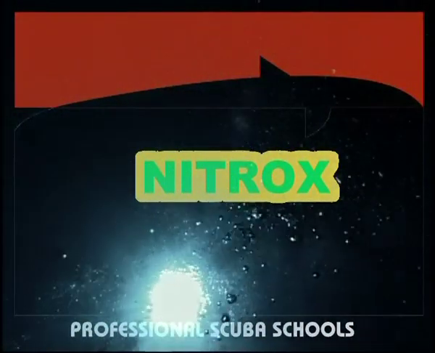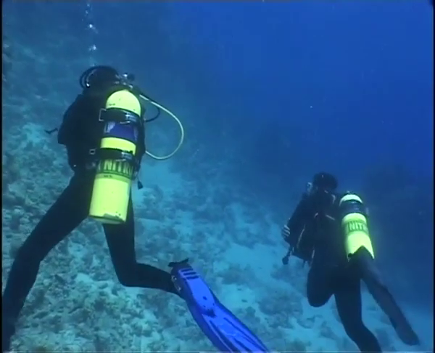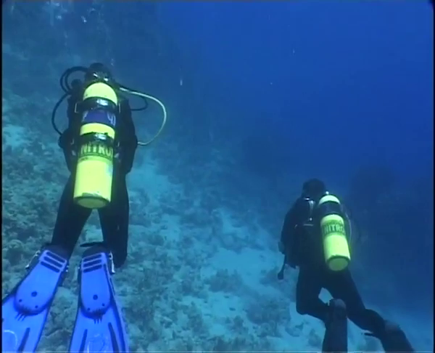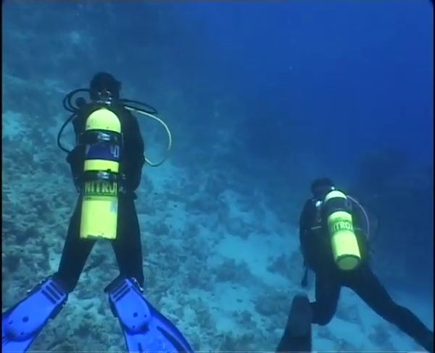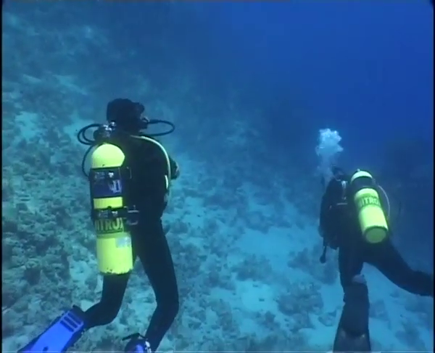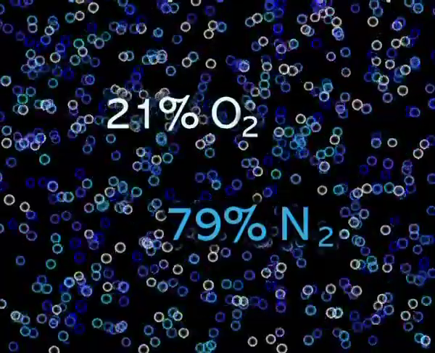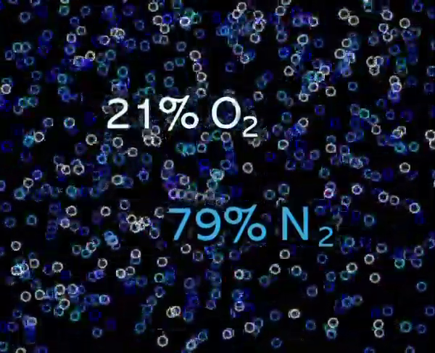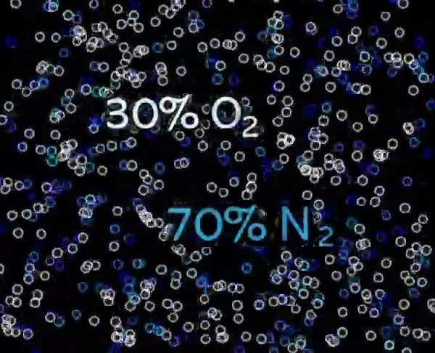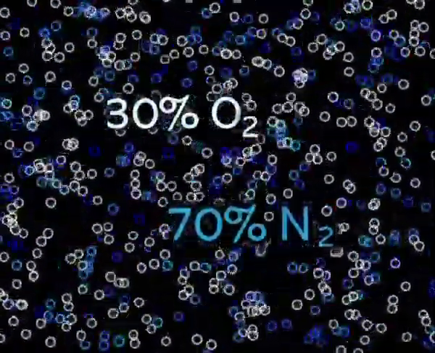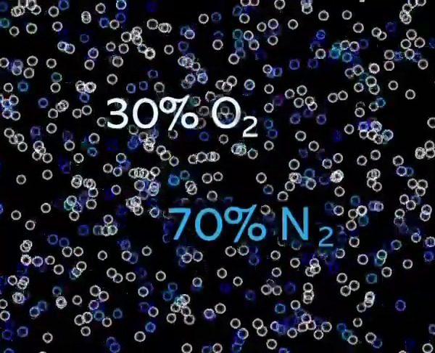Nitrox and EANx. The term nitrox identifies a mixture composed of oxygen and nitrogen, so air can also be considered a nitrox mix with 21% oxygen. If with the enrichment of this gas we obtain a nitrox mix whose percentage of oxygen is greater than that of air, the percentage of nitrogen is consequently reduced.